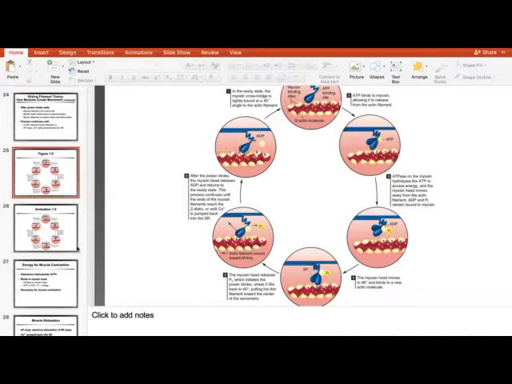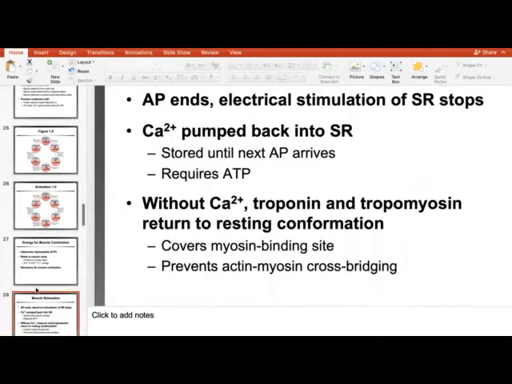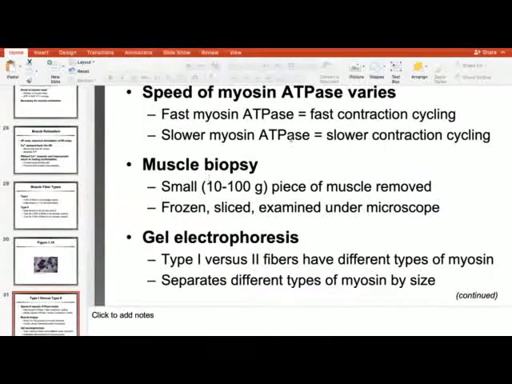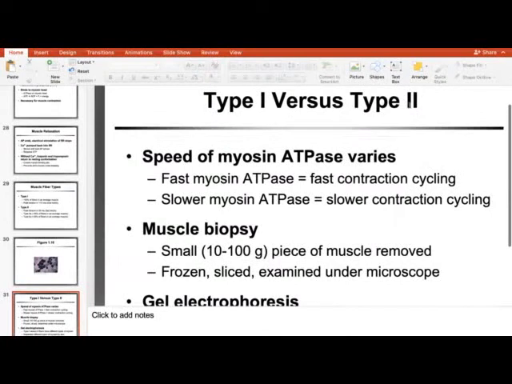That's called recycling. All right, that's called this contraction cycling. And for fast twitch muscle fiber types, there's like a fast version of this ATPase that breaks down ATP much faster. So for type 2 muscle fiber types, there's a faster contraction cycling.